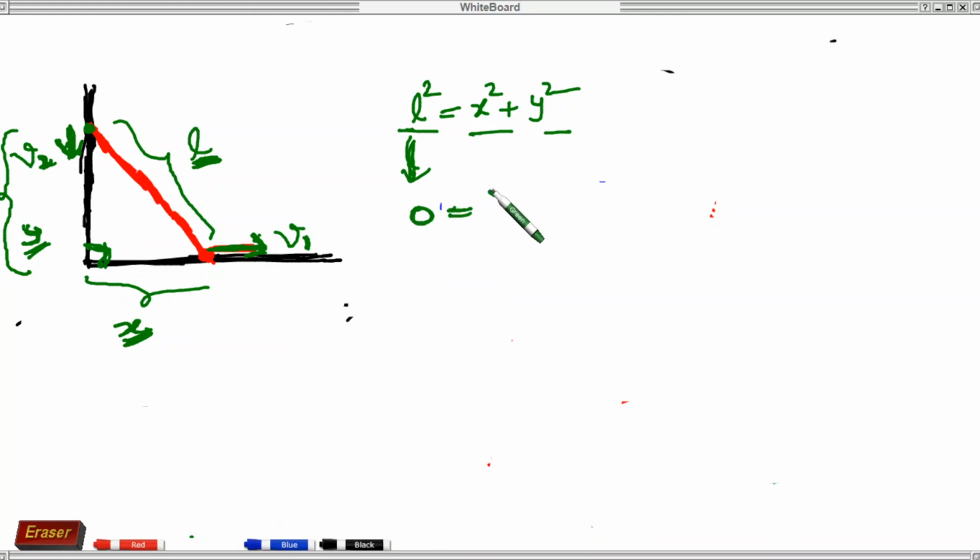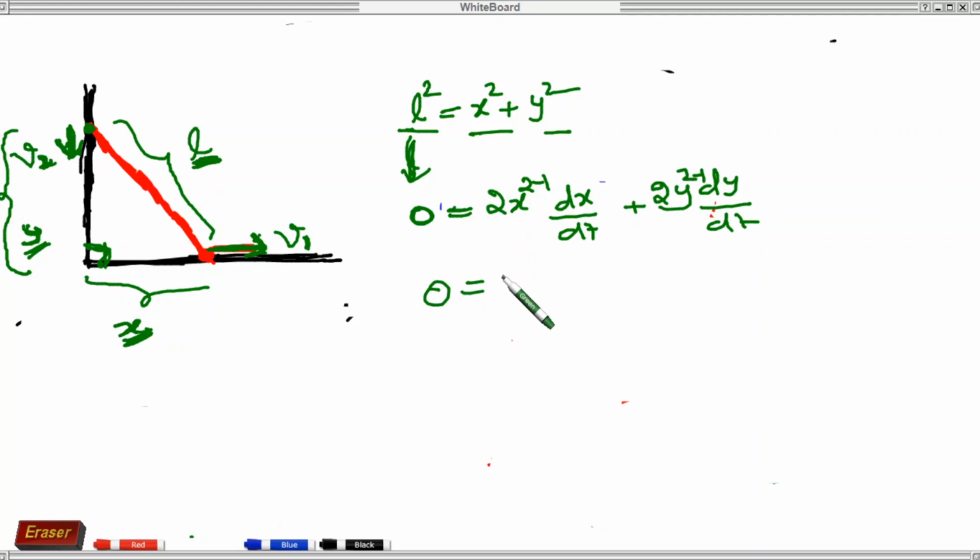What will it become? 2x raised to the power 2 minus 1 dx over dt plus 2y dy over dt. So 0 is equal to 2x dx over dt plus 2y dy over dt.